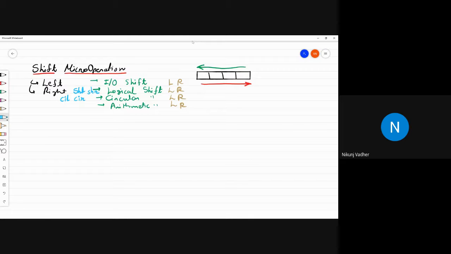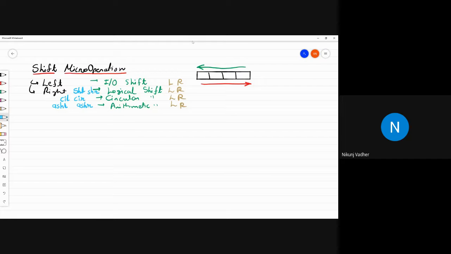And for arithmetic, arithmetic shift left and arithmetic shift right. So these terminologies are used. These are the symbols used to represent the shift micro operation.